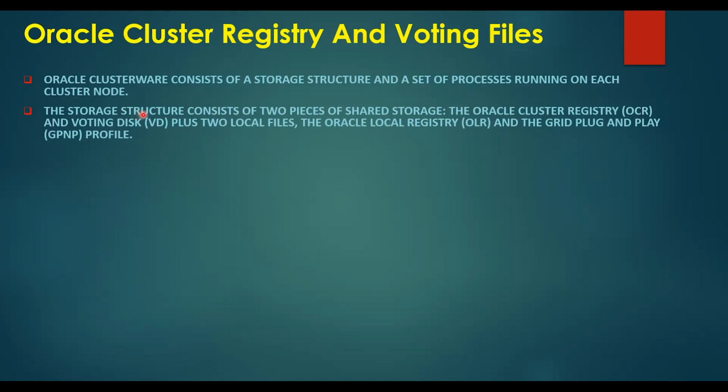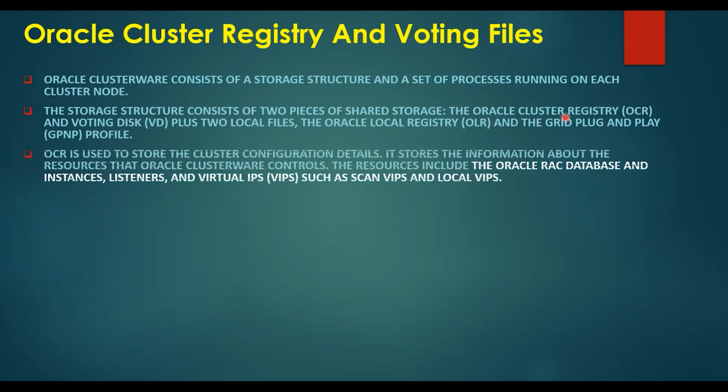The first thing, Oracle Cluster Registry, we need to understand what exactly it contains and what is the use of it. OCR is used to store the cluster configuration details, and it stores the information about the resources that Oracle Clusterware controls. The resources can be the Oracle RAC database, Oracle instances, listeners, and even the virtual IPs.